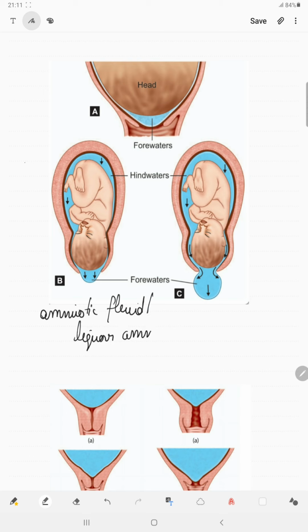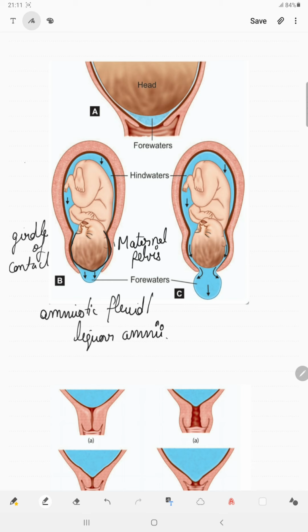So did you see that when the cervix is somewhat dilated, the fetal head will come into contact with the maternal pelvis, right? So this point of contact of the fetal head with the maternal pelvis is known as the girdle of contact.